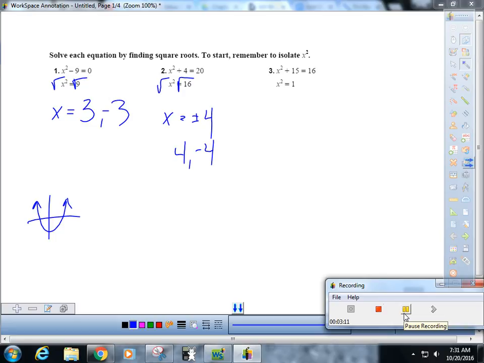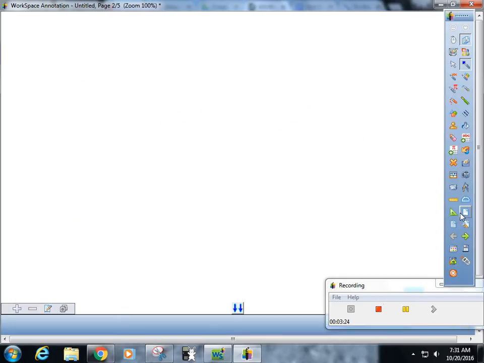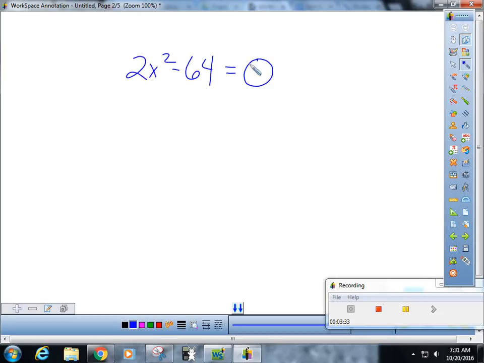All right, and so here you get x equals 1 or negative 1. Now, doesn't number 4 look a little bit different? Is that true? So what's number 4 say? I'll just put it up in pen. 2x squared minus 64 equals 0.